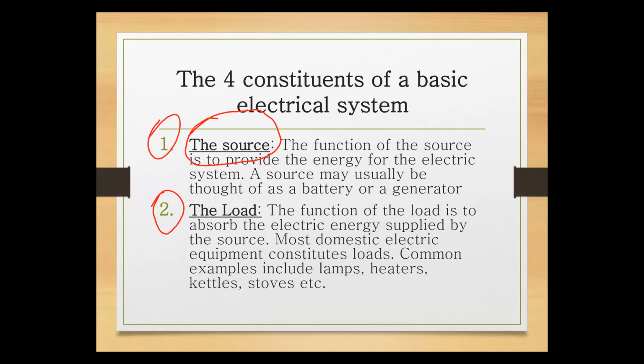There's a source, the battery, and then there's the light bulb, which absorbs the battery power to light for us. Most domestic electric equipment constitutes loads. Common examples include lamps, heaters, like for example, today the weather is unfriendly, kettles, stoves, etc.